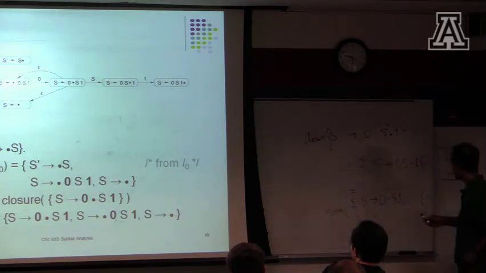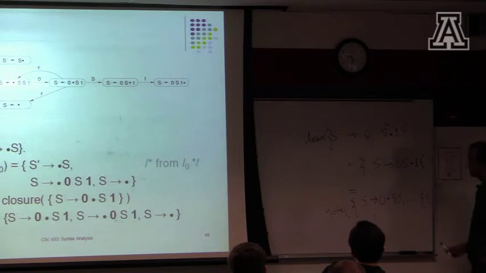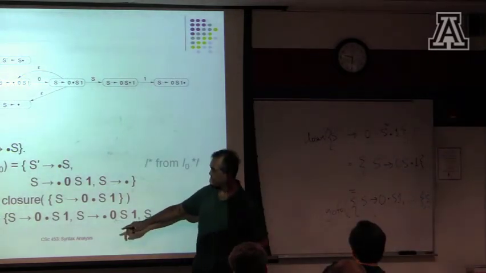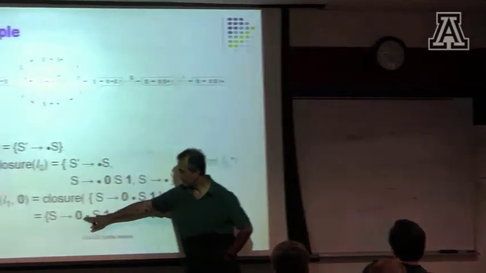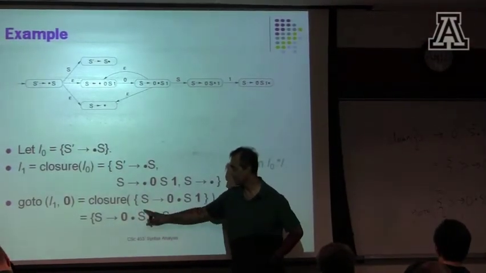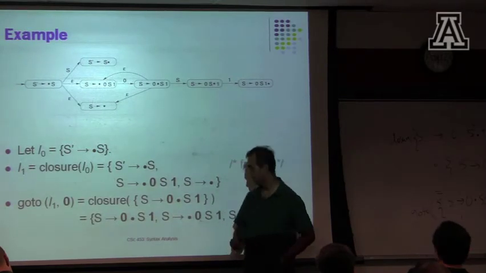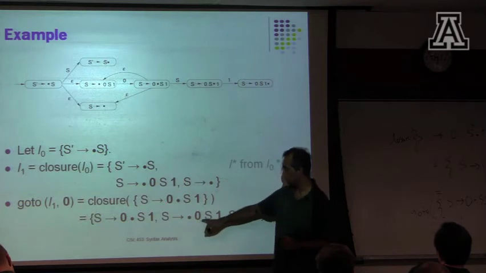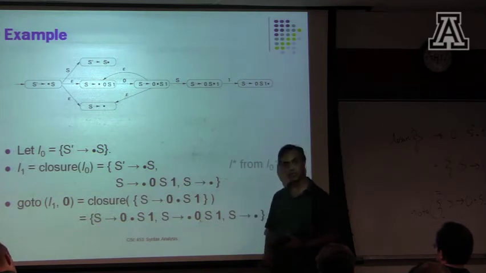So intuition time. I'm in this state. So the parser is in a state where it's just seen a 0, and maybe one possible continuation is to see something that S can derive. Or maybe it's seen some other stuff and we haven't kept track of it, but one possible continuation would be to see a 0.